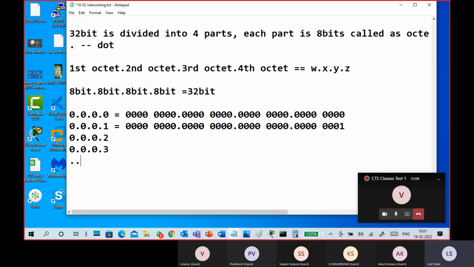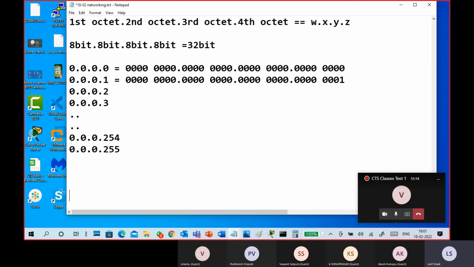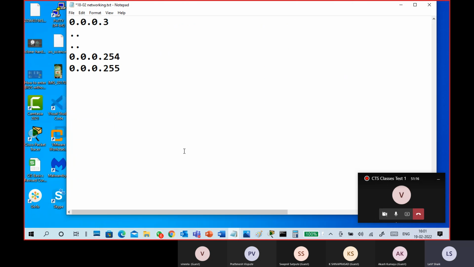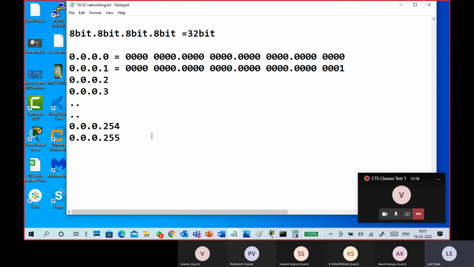So it keeps going like this, and you can reach up to 254. This is just a revision session, not a full complete IP classes lesson. So it keeps on going.